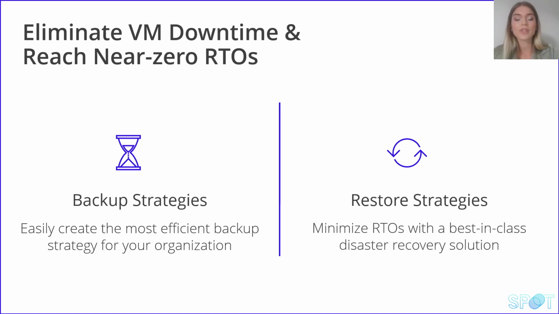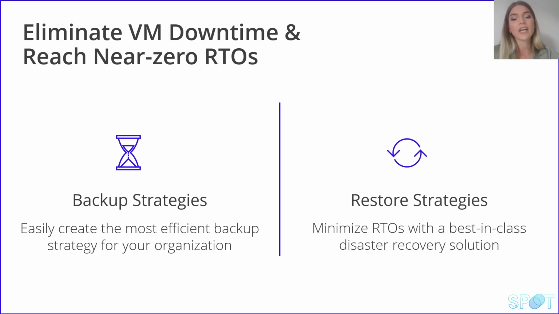As you can see, with Active Backup for Business, we have completely eliminated virtual machine downtime and reached near zero RTO, since you can actually use your NAS either as a SAN or turn it into a hypervisor to make sure your virtual machines keep running.